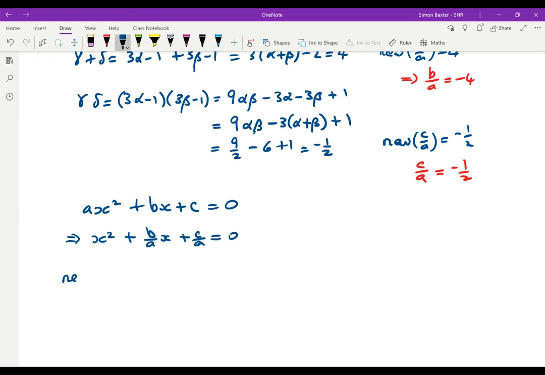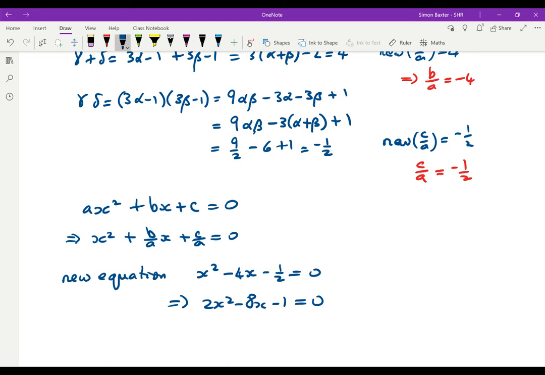And so now it's easy to write down the new equation. X squared, b over a at the top of the page in red is minus 4. C over a in red is minus a half. Multiply by 2 to make it look nicer. And there is the equation which has roots 3 alpha minus 1, 3 beta minus 1.